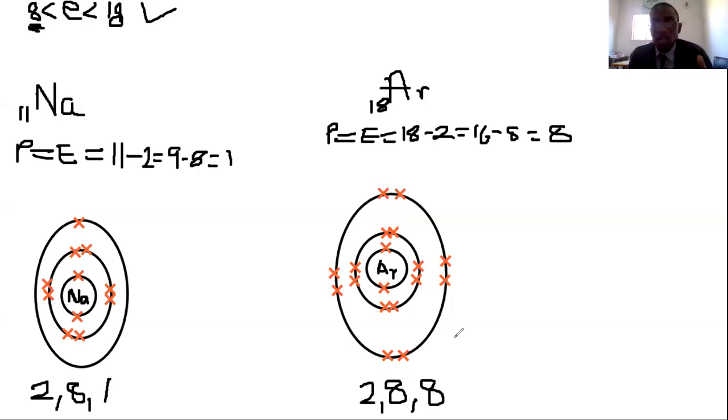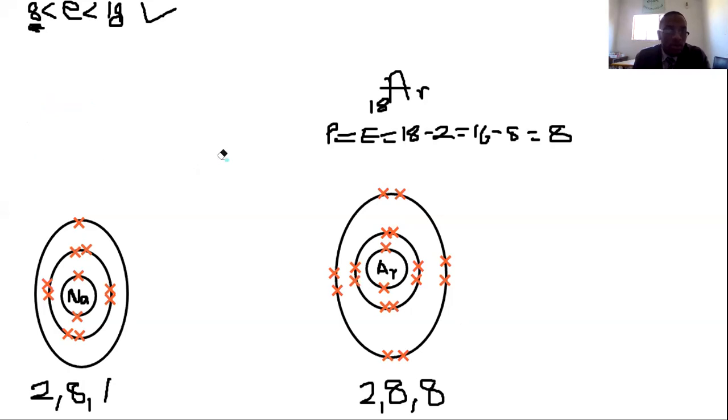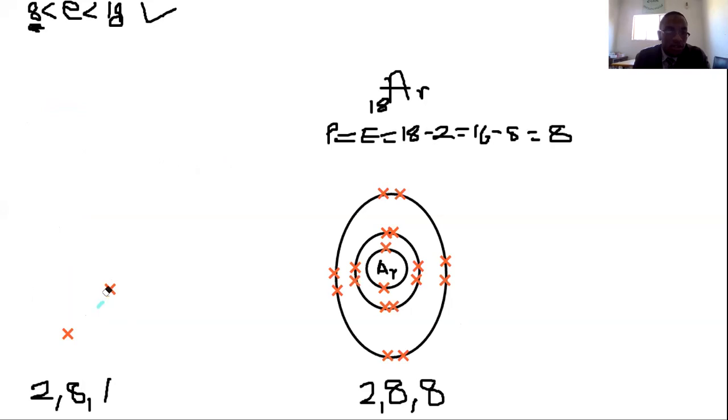So that is the principle when it comes to the drawing of electronic structures. Just to look at the most complex electronic structure. Remember, we said we're going to focus on the first 20 elements. In a scenario where you are given potassium with a proton number of 19, therefore P and your E is equal to 19.